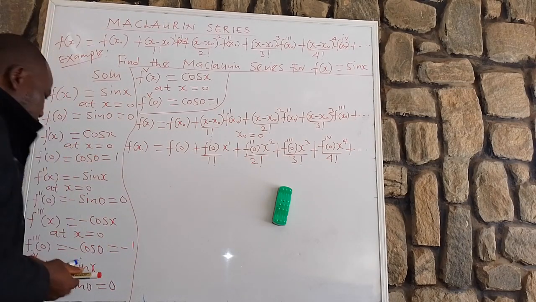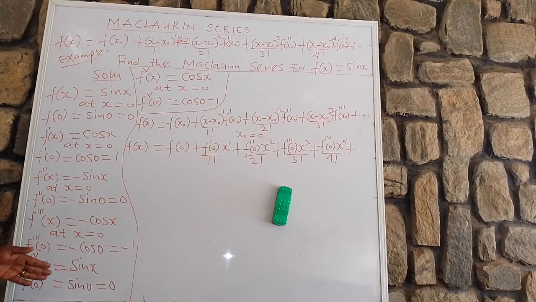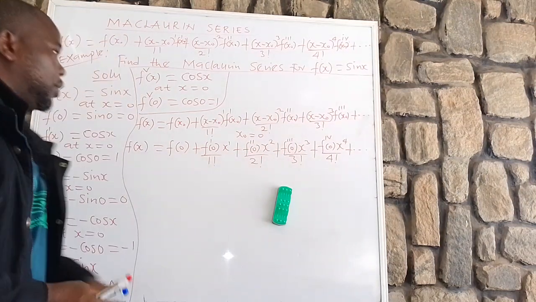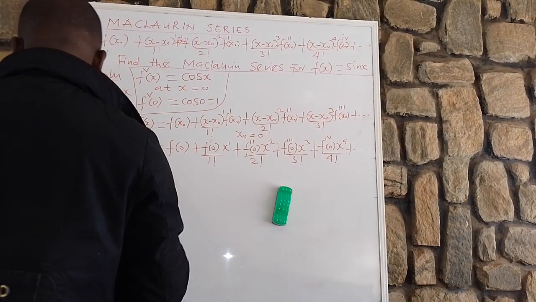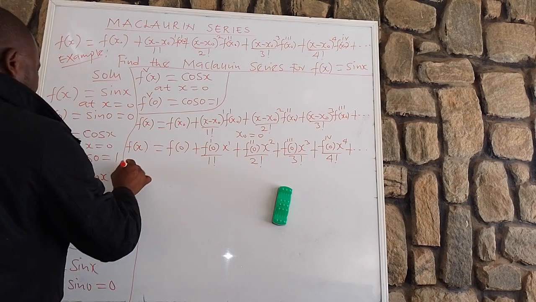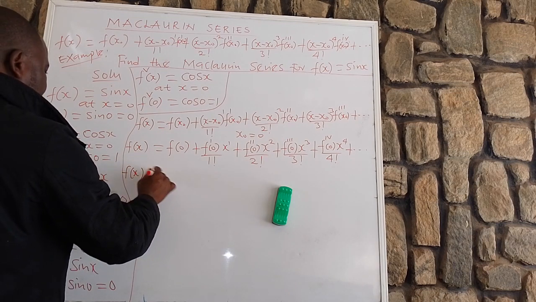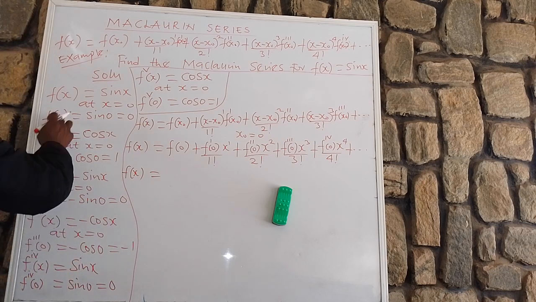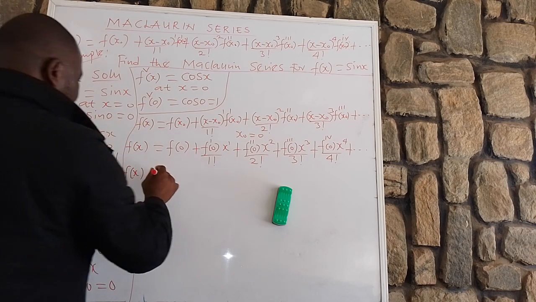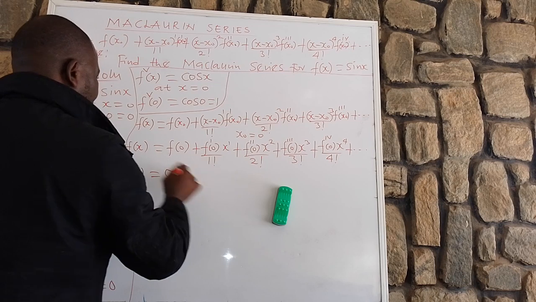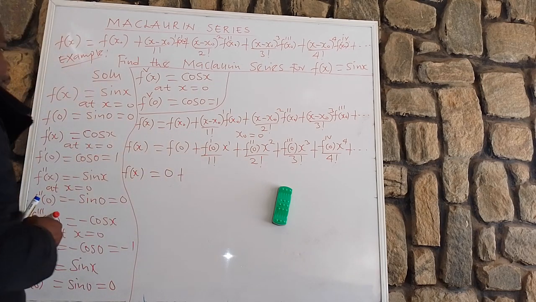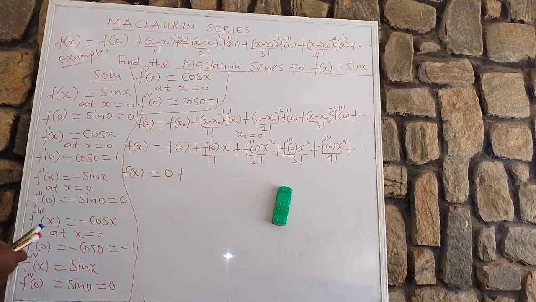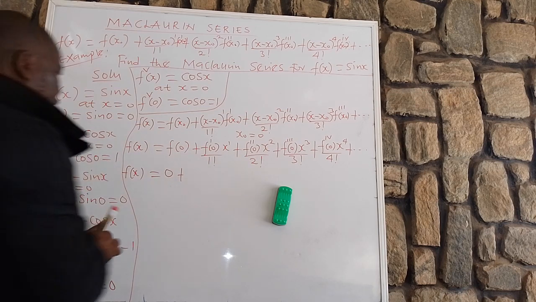So now let us come back here to substitute into this formula. That is what we need to do. So now our f of x is equal to f of 0, which is already 0 here. Then plus f prime of 0 is 1, isn't it?